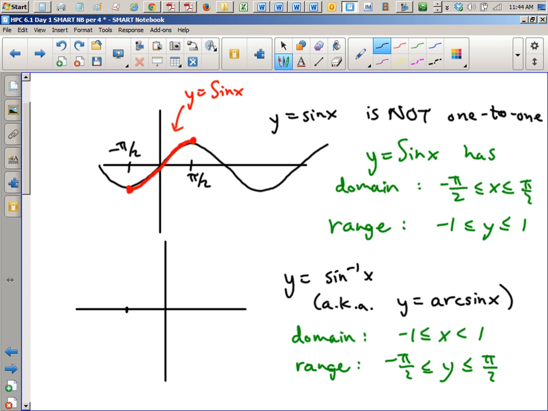So we're going to be drawing between negative 1 and positive 1 on the x-axis, and on the y-axis between negative pi over 2 and pi over 2. I also want to remind you that pi is roughly 3.14. So when I say pi over 2, what I'm really referring to is about 1.57.